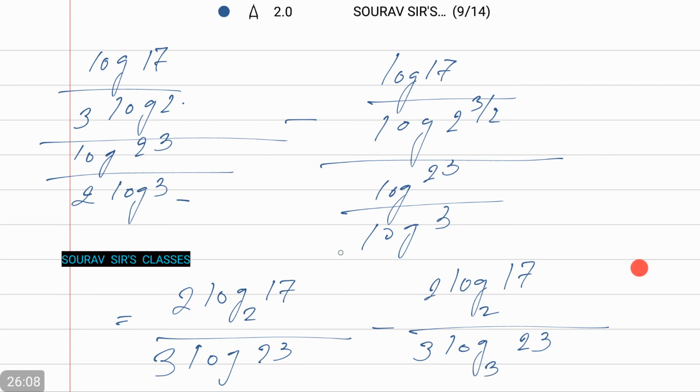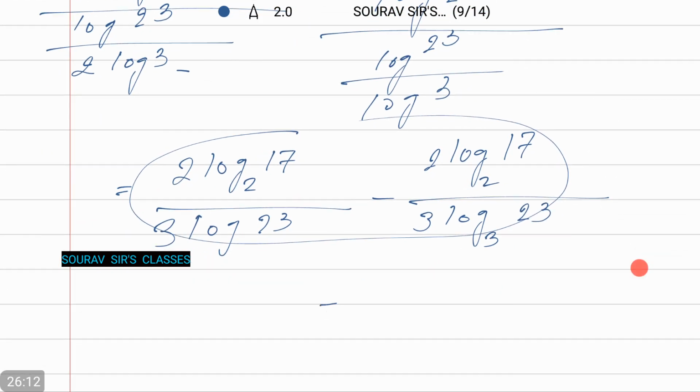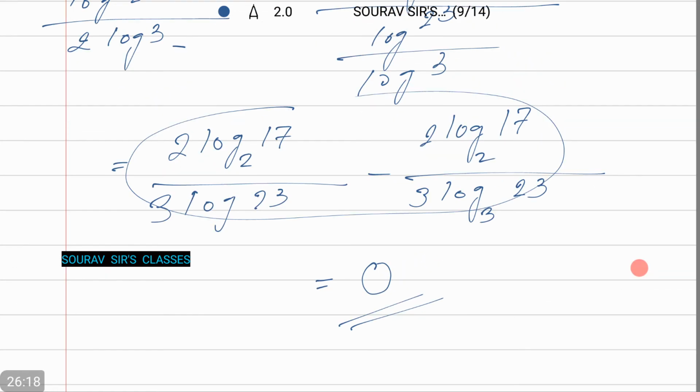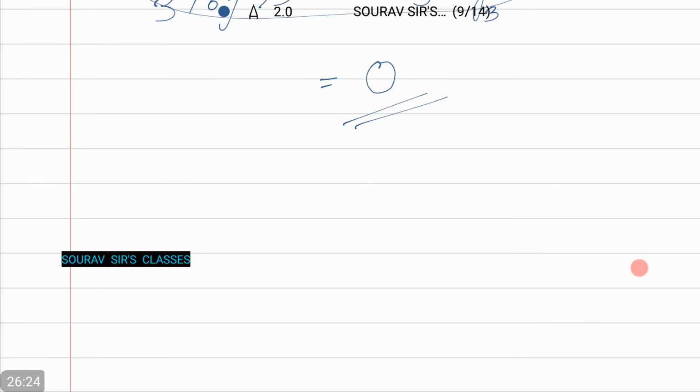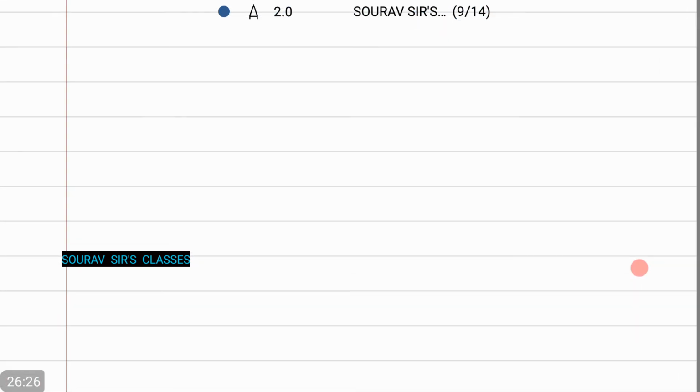Fine enough. Similar terms will cancel each other out and then they'll give a very sweet 0. So again, a very niche sort of problem. So we move on to the next one.